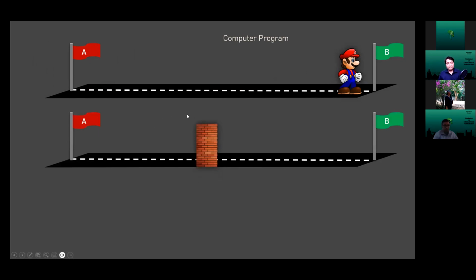What is the problem with normal computer software? Normal software will run in a very ideal environment. Whenever there are hurdles or glitches, this Mario will not be able to run through. It will hit the wall and not go further.